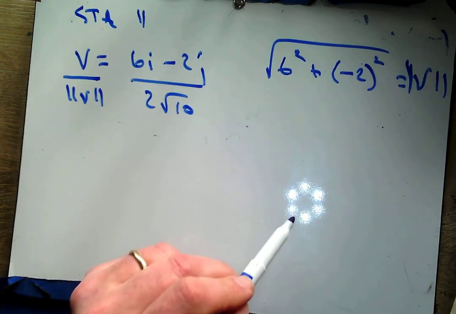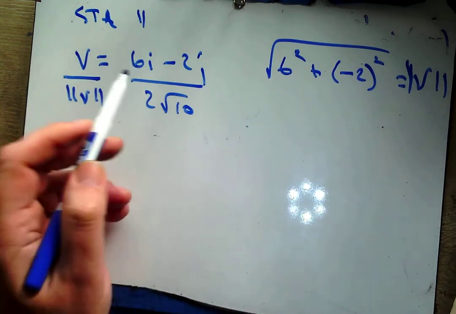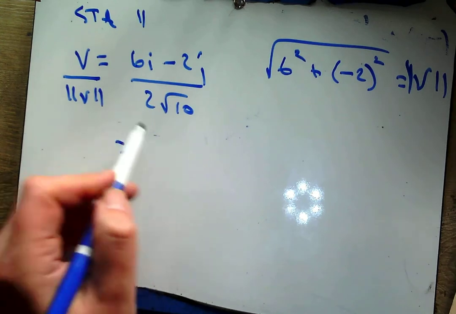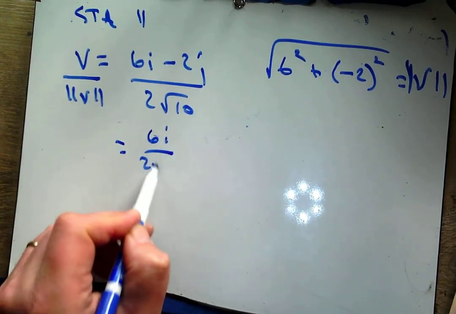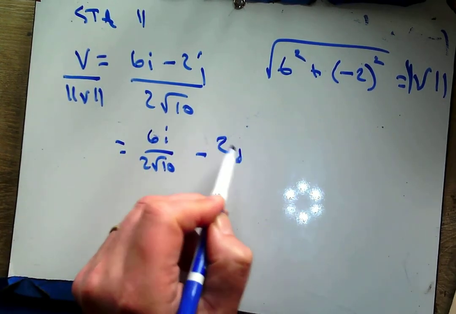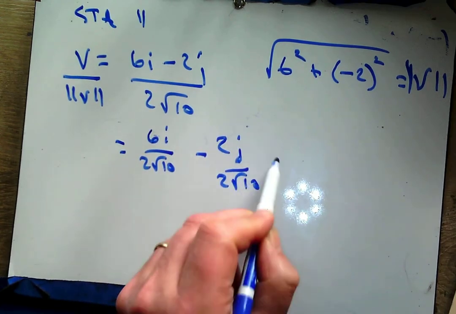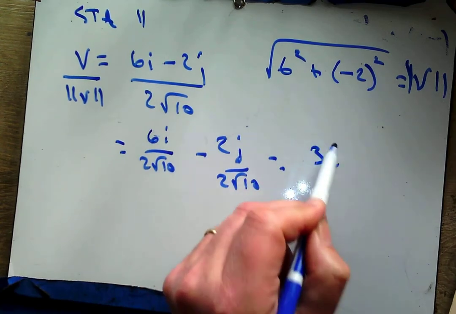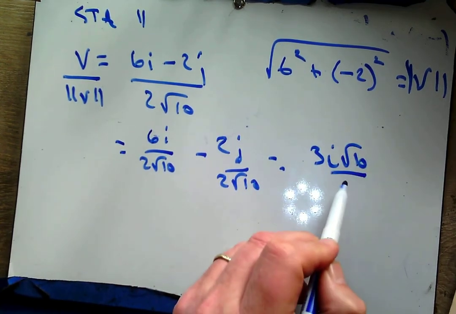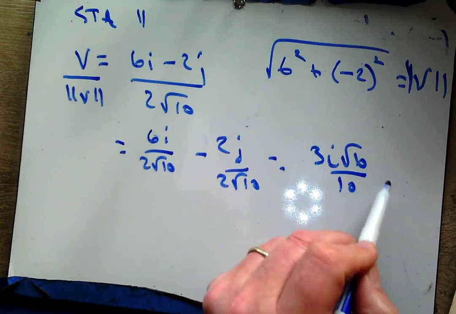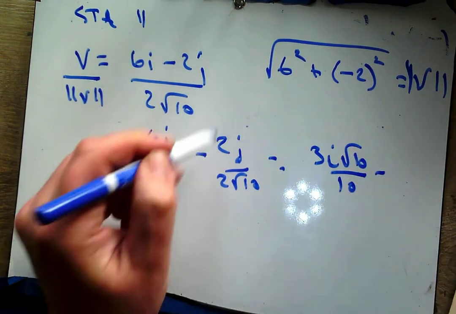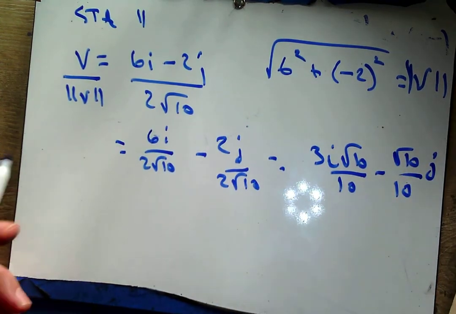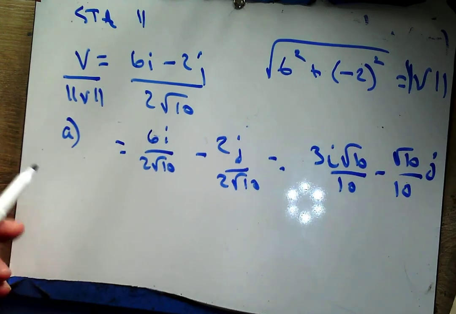It doesn't ask for component form. We were given i's and j's, so I sort of feel like I should give my answer in i's and j's. So 6i over 2 root 10 minus 2j over 2 root 10. I can do a little simplifying here and get 3 root 10 over 10 i minus, the 2's cancel, root 10 over 10 j. Fabulous. That's part A.